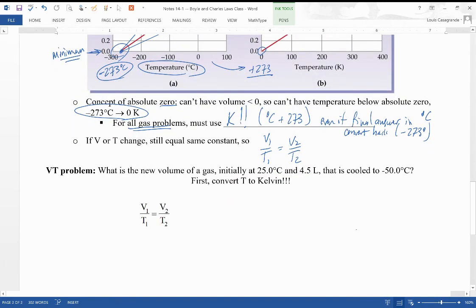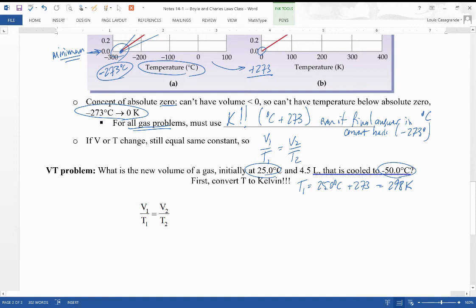So first thing, before we even get to the calculations, the first thing I want you to do is notice that you are given degrees Celsius. And so we're going to take that degrees Celsius and say T1 is equal to 25.0 degrees C plus 273, or 298 Kelvin. By the way, there's no degrees sign in Kelvin.